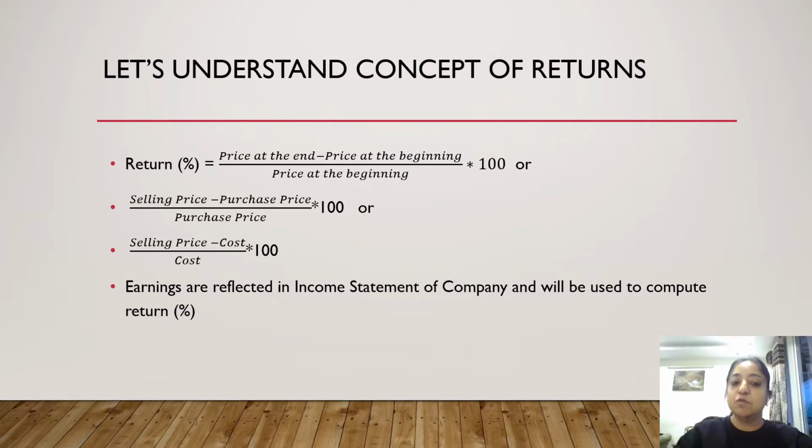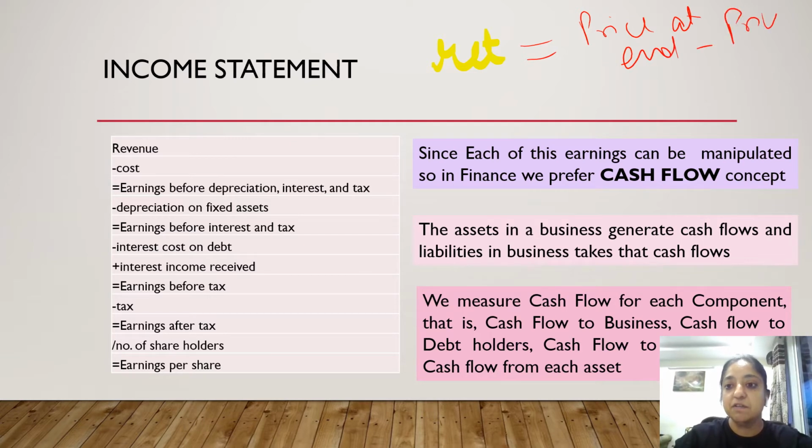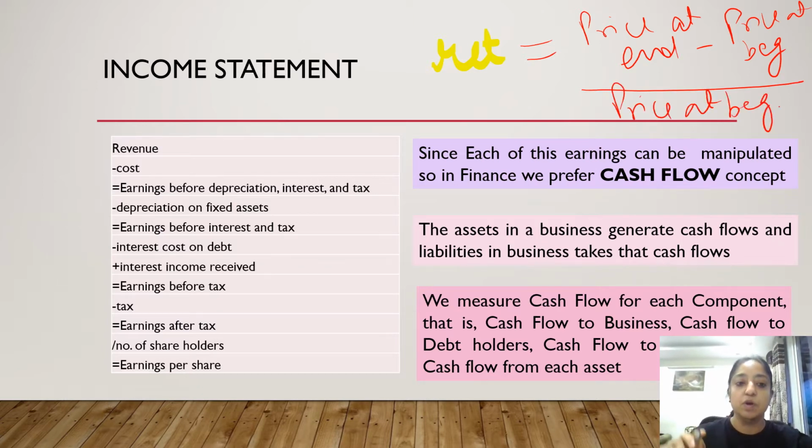Return, as I say, is always based on the price at the end and the price at the beginning, divided by the price at the beginning. So return is equal to the price at the end minus the price at the beginning, and we divide it by the price at the beginning, into 100.